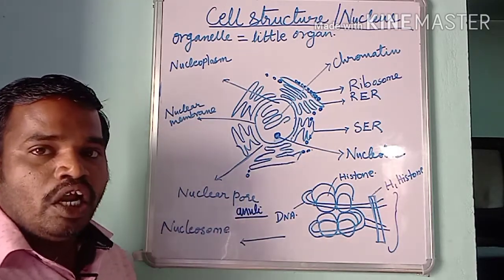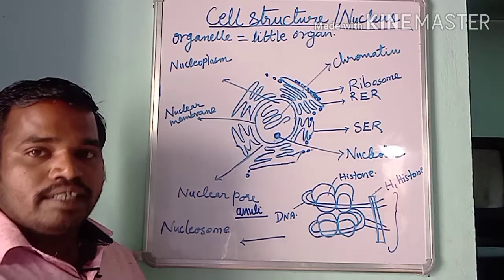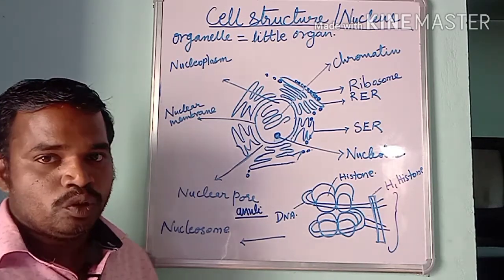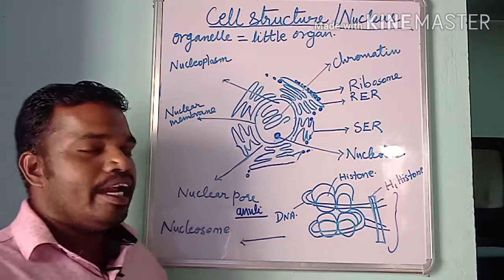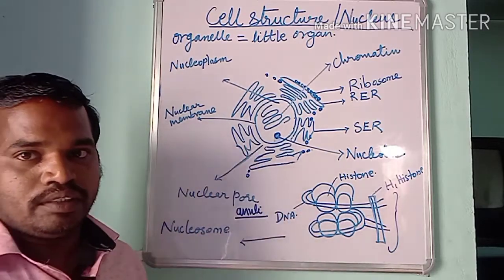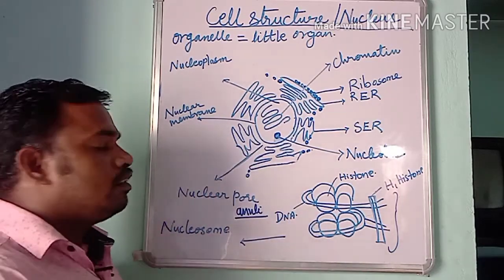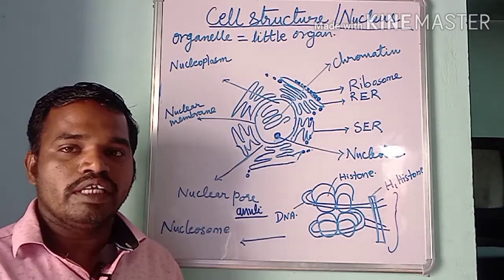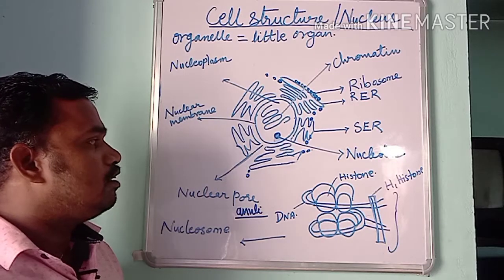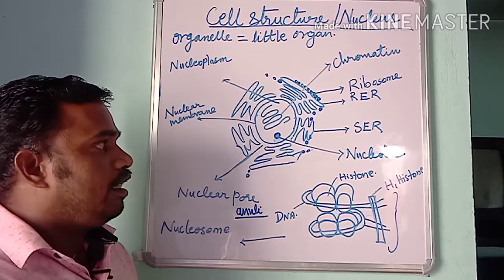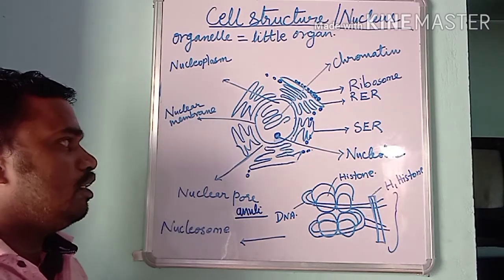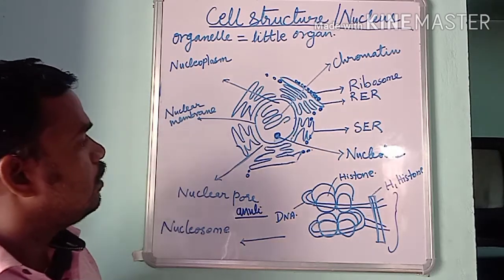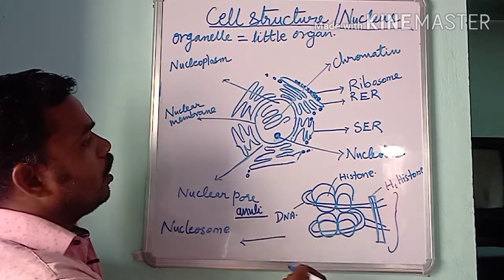They enter through the nuclear pore, and they exit through the nuclear pore. So the nuclear pore acts as a gate for the nucleus. Through that only, all the mRNA, protein molecules, macromolecules, and enzymes are able to enter and exit the nucleus.